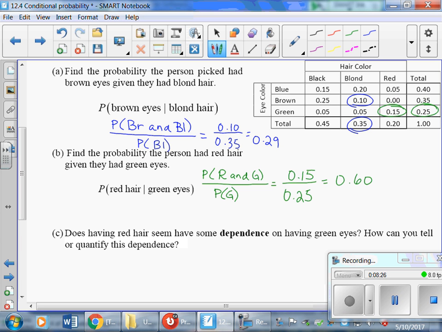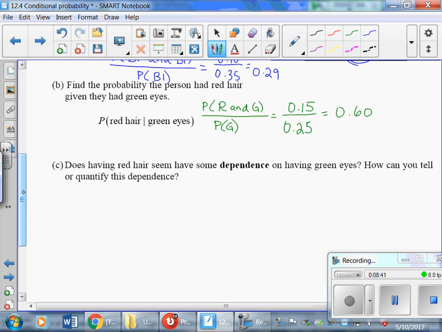Now, it says, does having red hair seem to have some dependence on having green eyes? How can you tell or quantify this dependence? I'm sorry, guys, I can't read today. I should not do these after school because I'm just too tired. All right, so the answer is the probability of having red hair is 0.20, right?